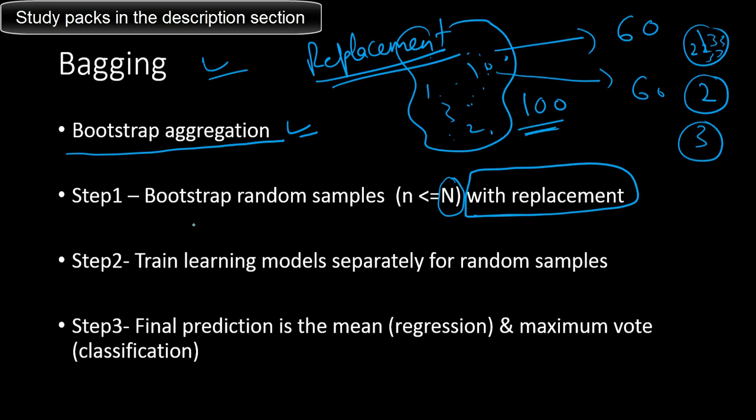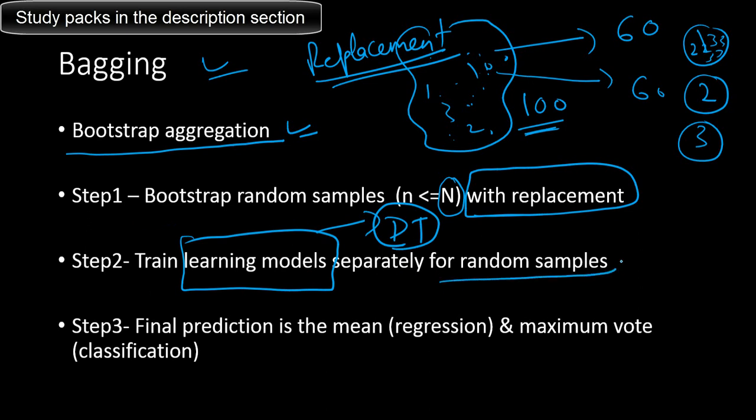So you have multiple bootstrap samples from the main target data or the training data, and then you train a learning model. You can use any learning model, but we'll only talk about decision trees here. So you build a decision tree model separately for different random samples.